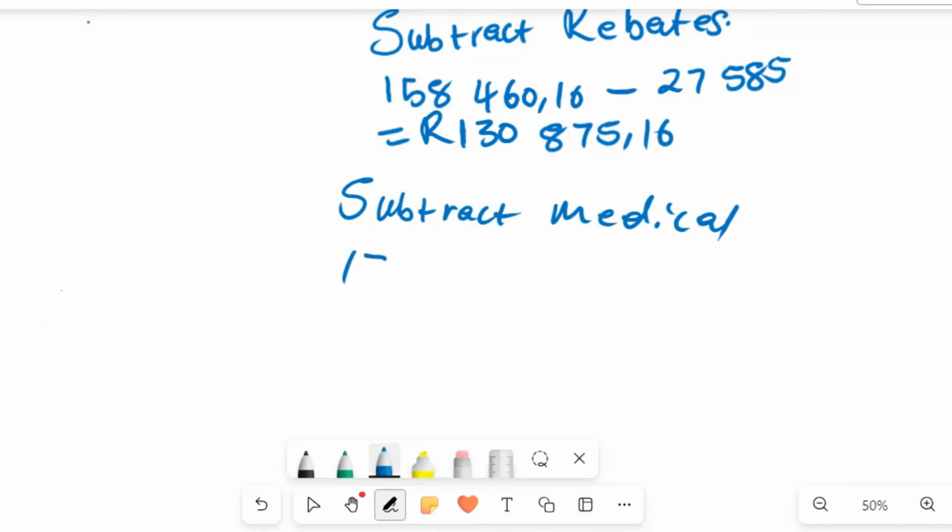That will be 130,875.16 minus, we have calculated initially to find that she's paying 12,072 rands per annum.